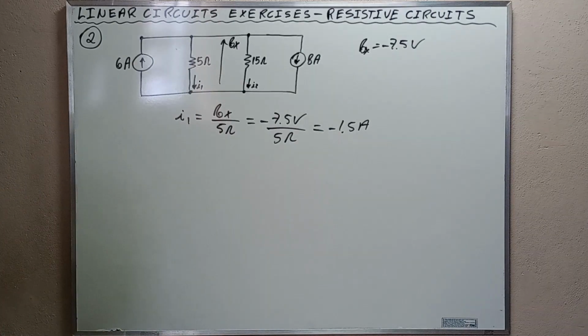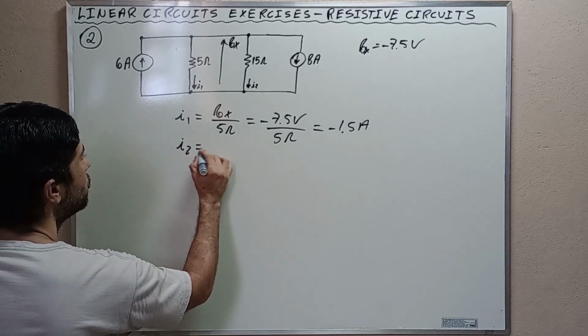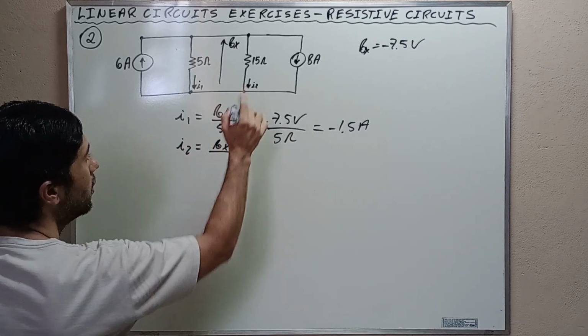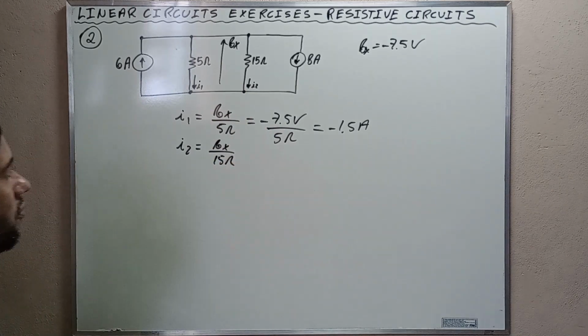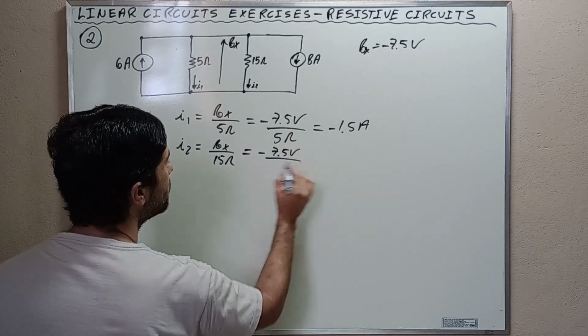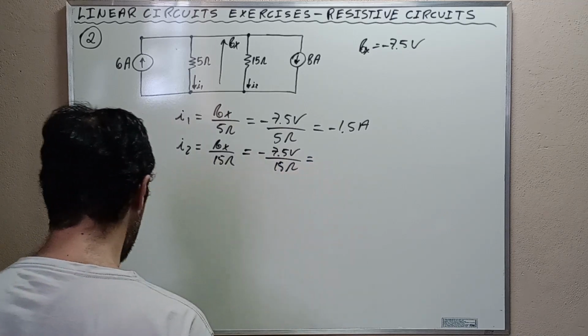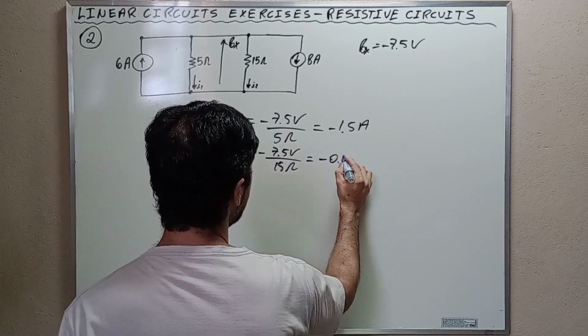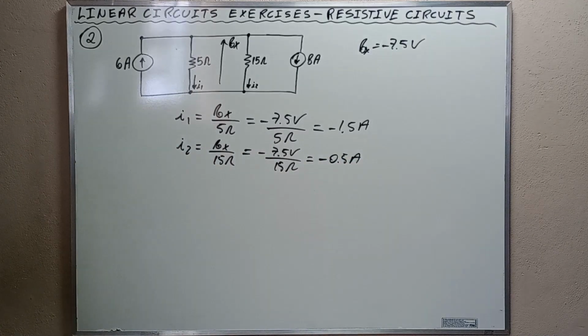Alright, now let's do the same for I2. Likewise, we calculate I2 by dividing the voltage by the resistance. Vx, we know it is negative 7.5 volts, and the resistance is 15 ohms, and we find that I2 is negative 0.5 amps.